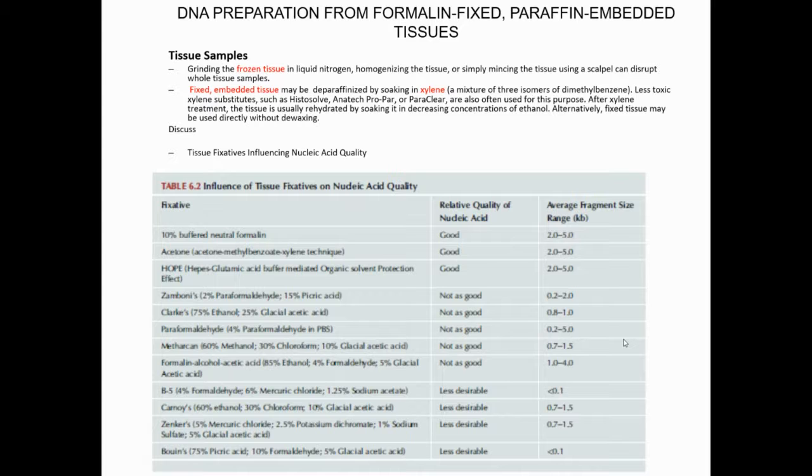So for many retrospective studies, the formalin fixed and paraffin embedded FFPE material is therefore the only available sample for DNA analysis. And so that's why we discuss this here. You try to retrieve the DNA from this FFPE sample material.